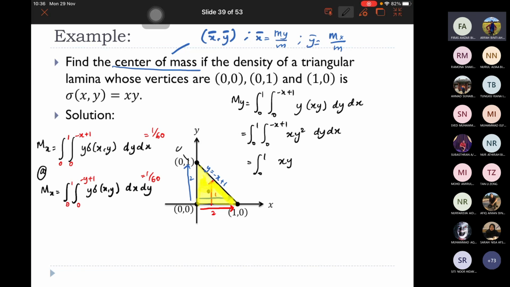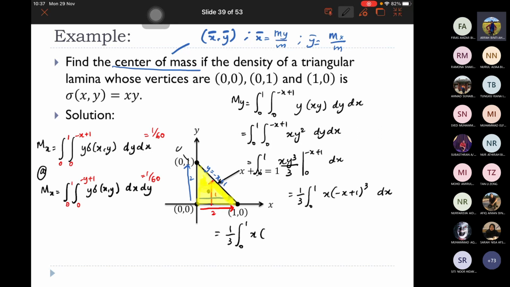Then 0 sampai 1 xy kuasa 3 per 3 dx. Okay. 1/3 integration 0 sampai 1 x darabkan dengan negatif x tambah 1 kuasa 3 dx. Cuba kira dapat apa? x darab negatif x tambah 1 atau 1 tolak x kuasa 3.